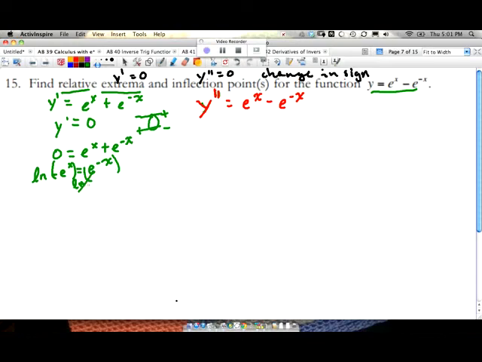On the right side, that's not really a big deal because the natural log of e, those kind of undo each other, then you just have negative x. But on the other side, I have natural log of a negative. That's a problem. In fact, that's an impossibility, which means this just doesn't work, which means that's never going to happen. So there's no relative extrema.